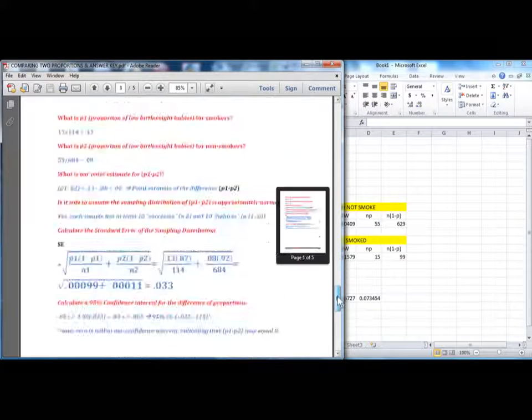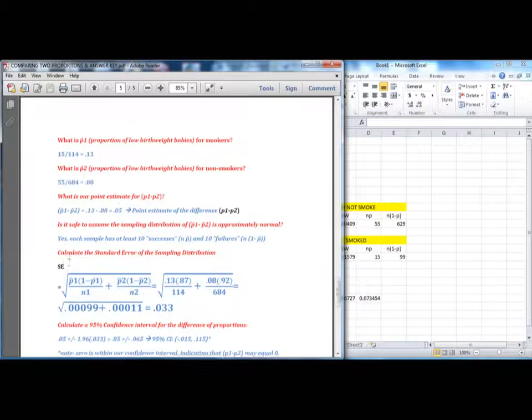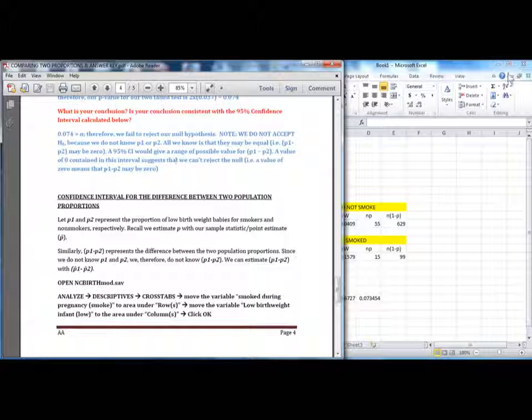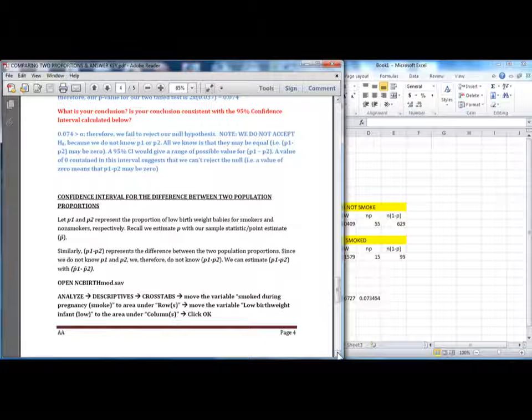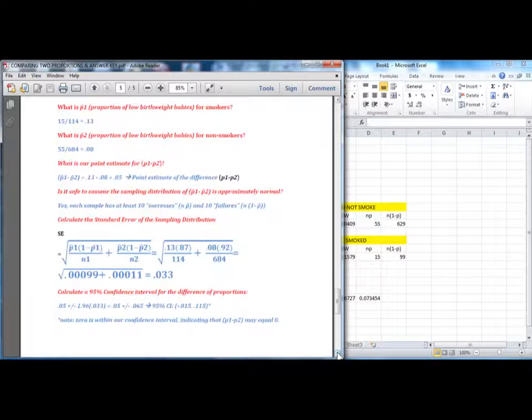So now that we've confirmed the results of our hypothesis test, we're going to confirm the results of the confidence interval calculated by SPSS. Again, I'm not going to go through this too much. You can go through this on your own, but the main thing here is just to confirm that we get the same values, and also note that the standard error is calculated differently when we are calculating a confidence interval. Also, the rule of thumb when we're calculating a confidence interval is that the successes and failures should both be greater than 10 for both groups.